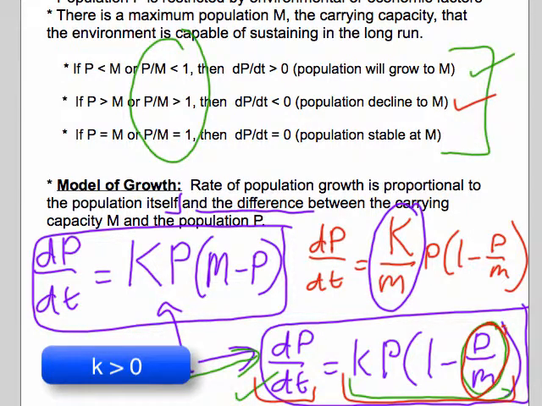And if P over M is 1, then 1 minus 1 will make this 0. The population change will be 0, and the population will remain stable. So hopefully you can get the sense of how these three conditions are reflected in our differential equation.